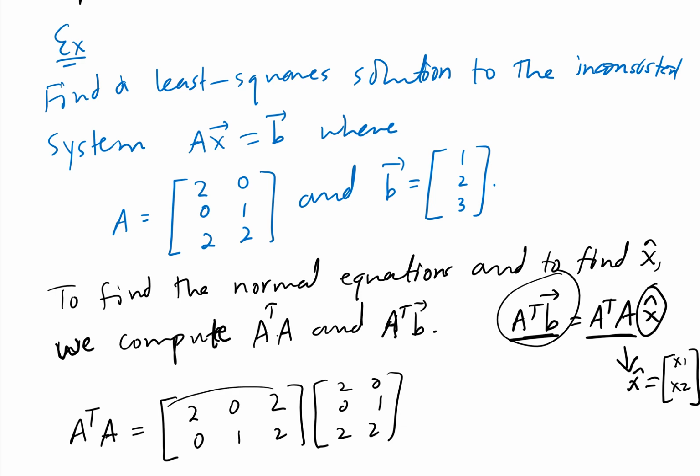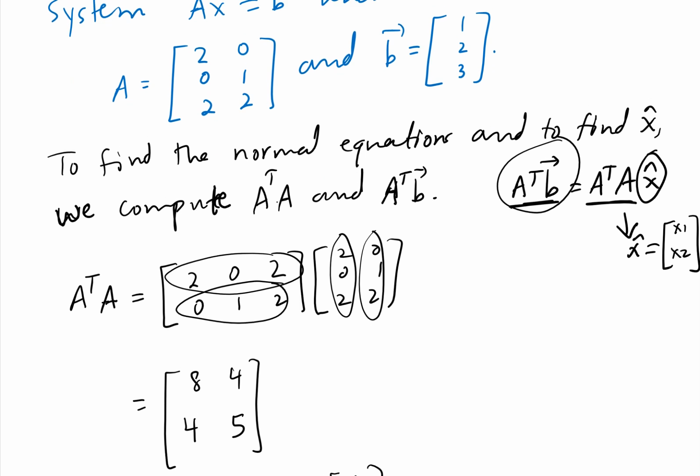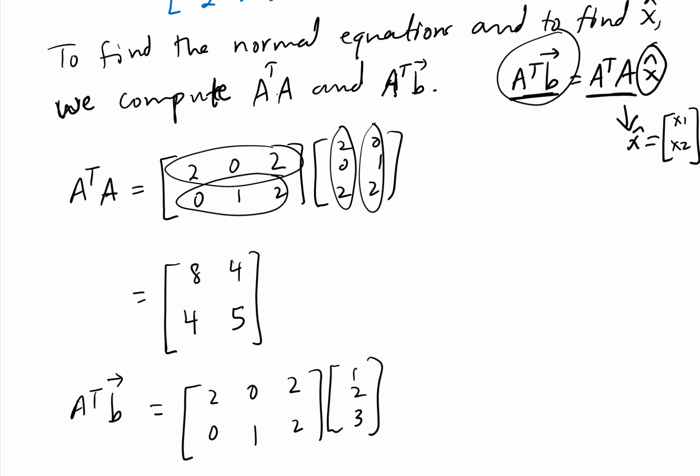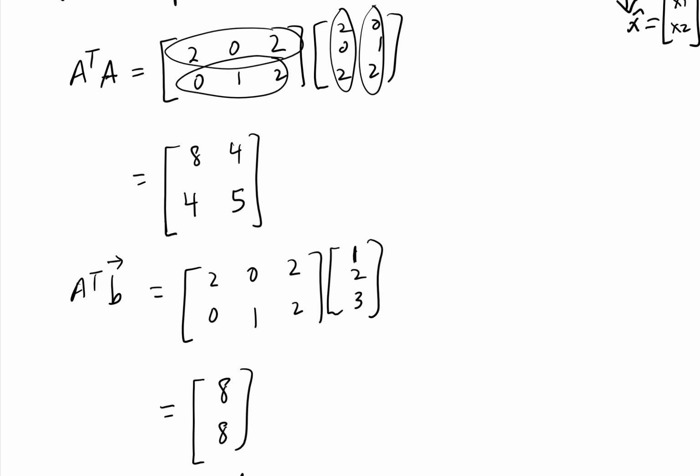Then multiply row by column, row by the next column, the next row by the first column, next row by the next column. And that gave me this. And you can test it out. It gave me 8, 4, 4, 5. So I found A transpose A, and now we need to find A transpose b. I took A transpose and multiplied by b, the given vector 1, 2, 3, and that gave me 8, 8.